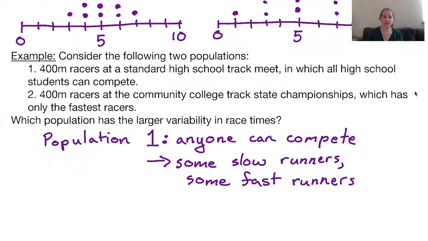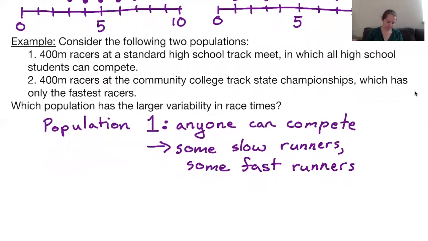On the other hand, for population 2, we only have fast runners.